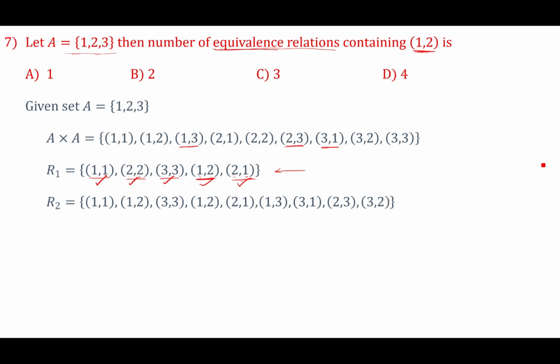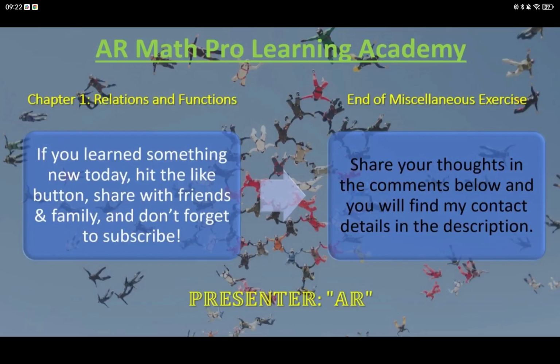Now, if you see this relation, it is a Cartesian product. And remember, a Cartesian product always satisfies all the relations: reflexive, symmetric, and transitive. So this relation is also an equivalence relation. So I can make only 2 relations based on this set. So the answer is option B.